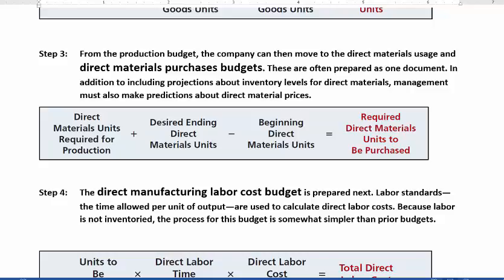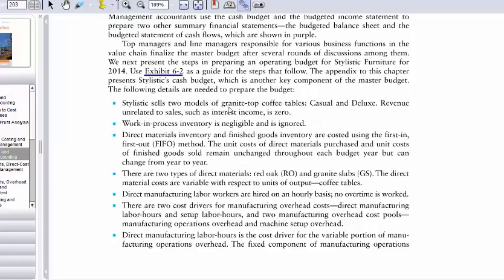Let's go here for a second and take a peek at our information for the illustration in our textbook. We have a company that sells some tables. They've got 2 different models. One is called the casual, the other one is called the deluxe.